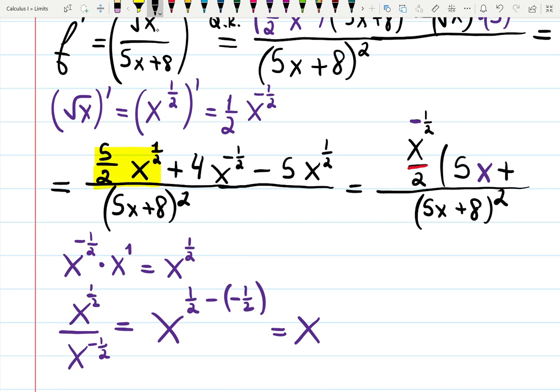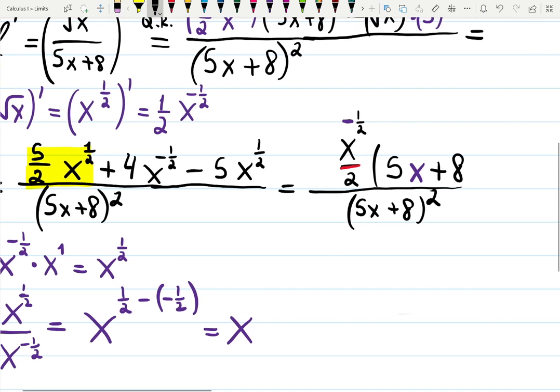Plus 4, but I'm dividing by 1/2. But dividing by 1/2 means multiplying by 2. So that's going to be 8. The x to the negative 1/2 cancels out. And finally, minus 5.